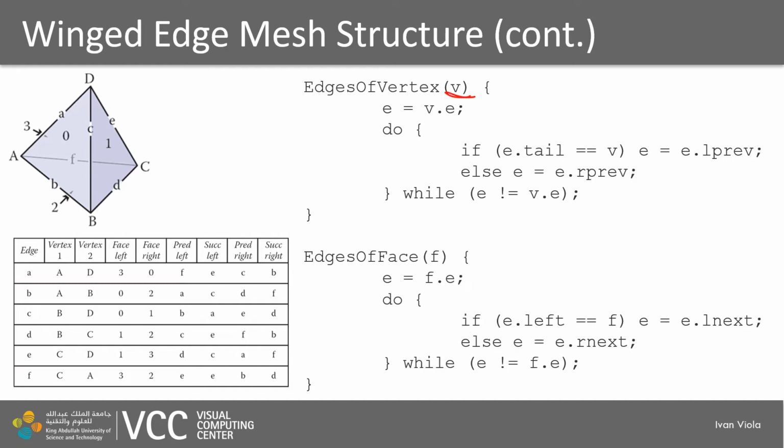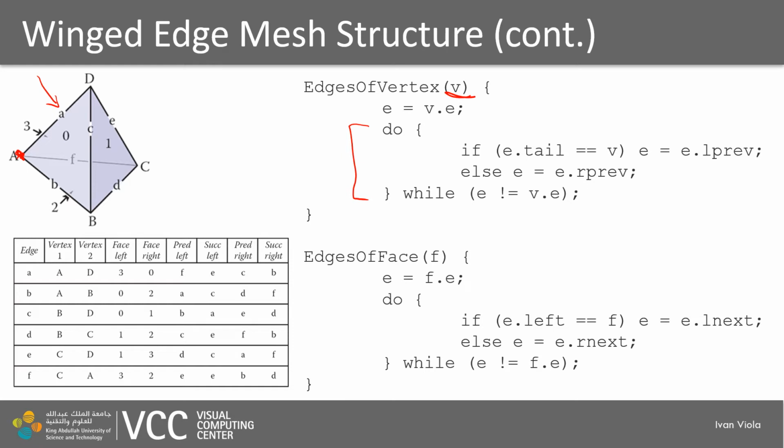At the input, we have our vertex V, and as we know, we are storing one edge which contains our vertex V. Let's say that this is our vertex A, and the stored edge corresponding to A is, as shown in the previous slide, the edge A.